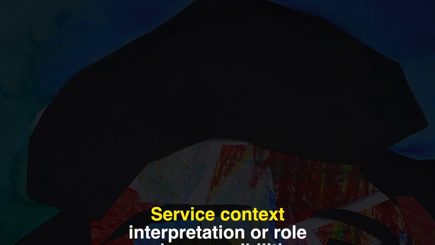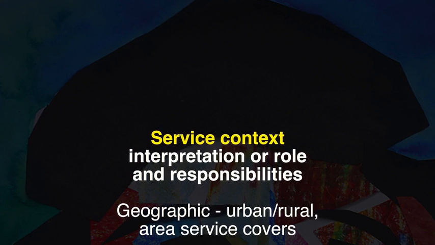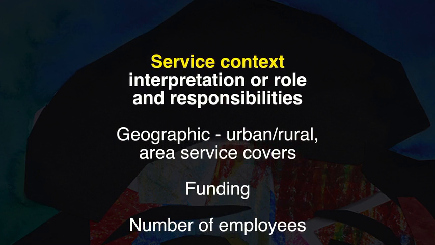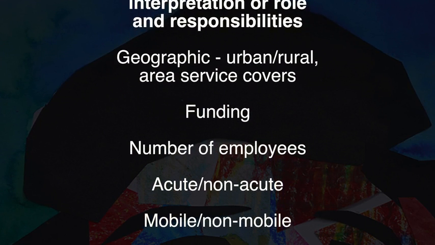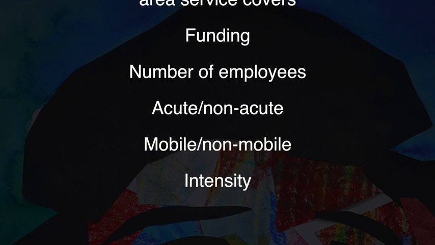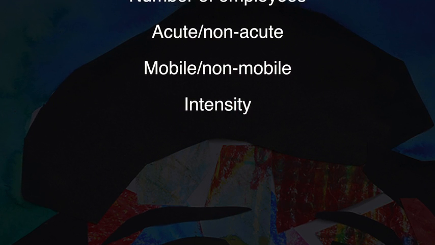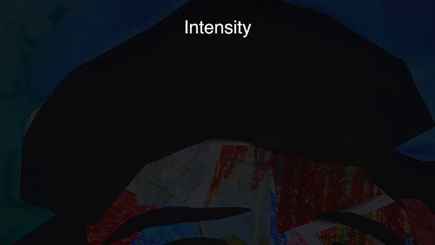Yet another factor is the case management service context and how the role, the actions and responsibilities are interpreted. The geographical differences between a service in an urban area, for example, versus a rural one, the funding of the case management services, the number of employees that the service has, whether it's in an acute or non-acute setting, whether it's mobile and the intensity of the interventions.